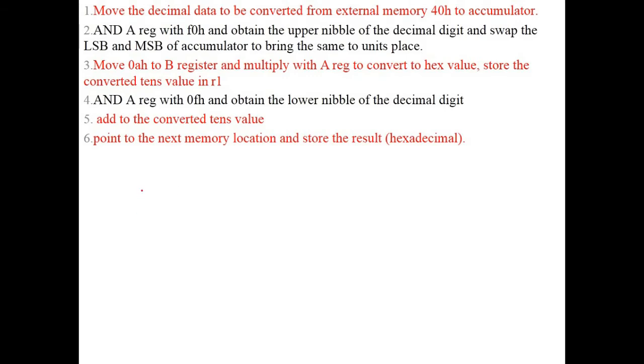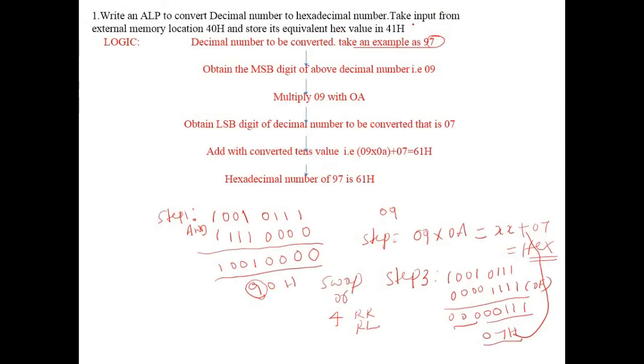First we need to move the decimal data to be converted. In this example, the condition given is to take input from the external memory location 40H and store its equivalent hex value in 41H. Our data is stored in external memory location 40H, and we need to store the result in 41H.